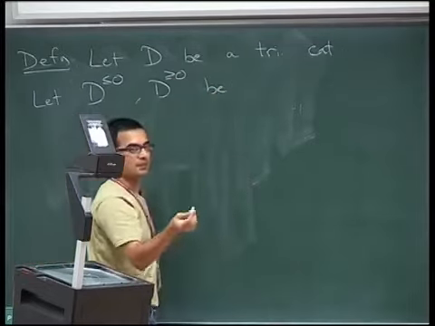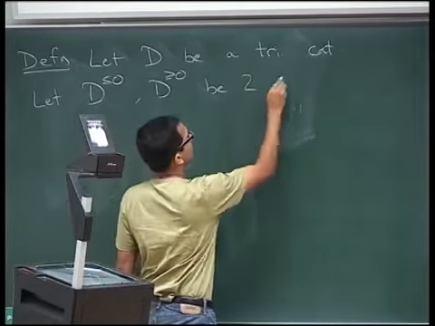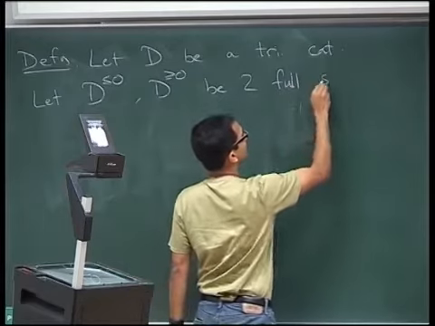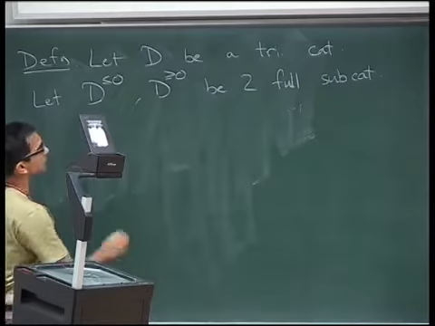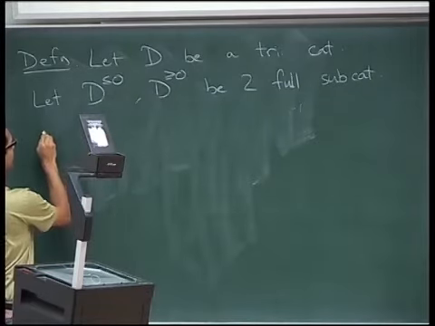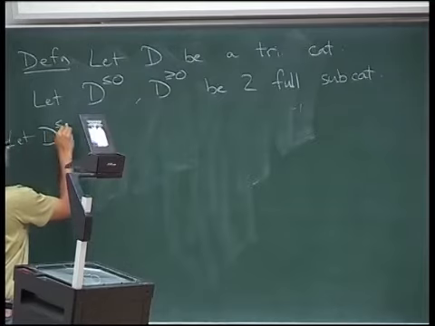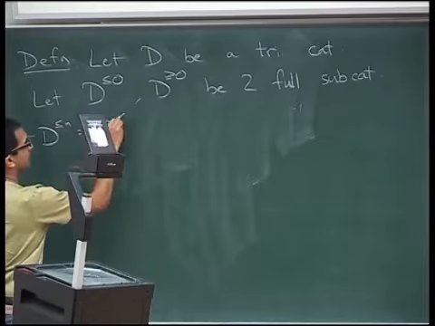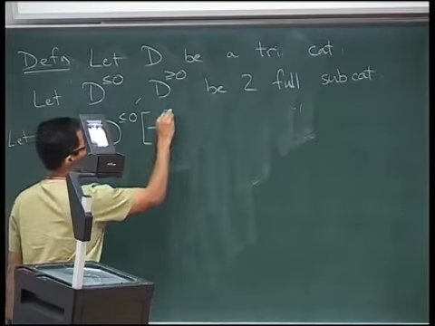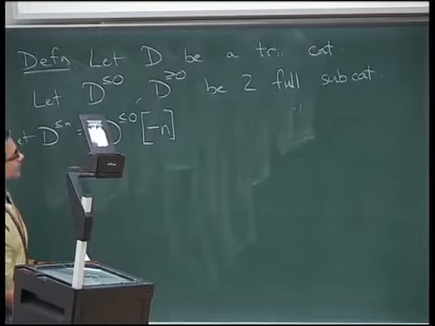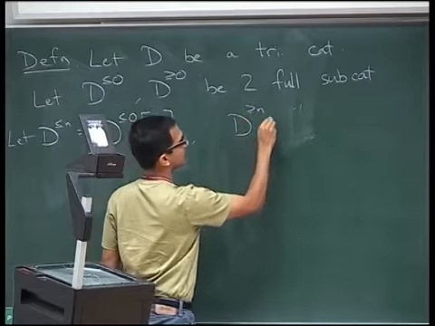As we go on, we'll get some intuition for what kinds of categories these are supposed to be. I'm going to define some other categories in terms of these just by shifting. So D less than or equal to n is going to be the same as D less than or equal to 0 shifted by negative n, and the same for D greater than or equal to n.